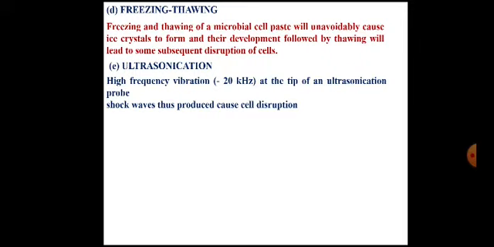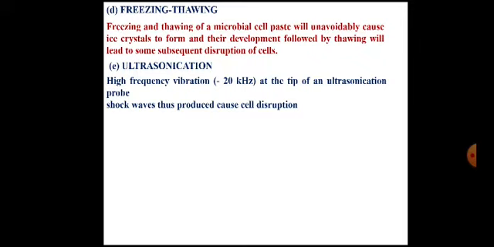So these ultrasonic waves generate vibrations, and these vibrations are responsible for the creation of pores. It causes the destabilization of the cell membrane, because the cell membrane consists of a phospholipid bilayer.